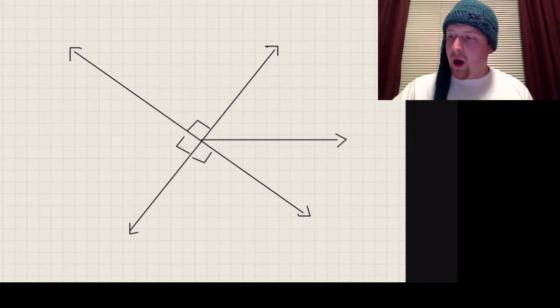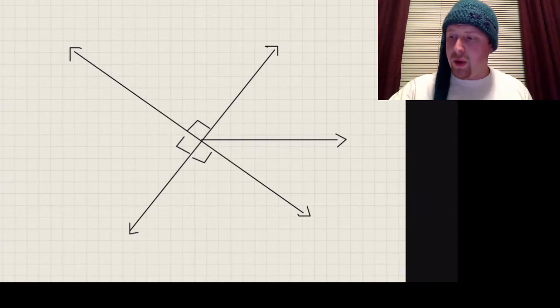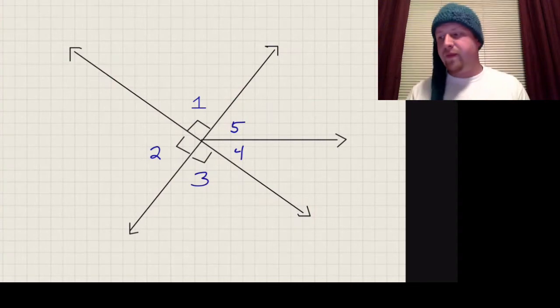Okay, we know that angles next to each other are adjacent. I'm going to go through and number these. So we have angle 1, 2, 3, 4, and 5.